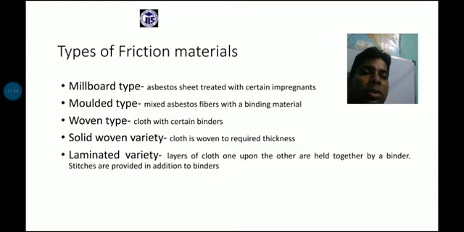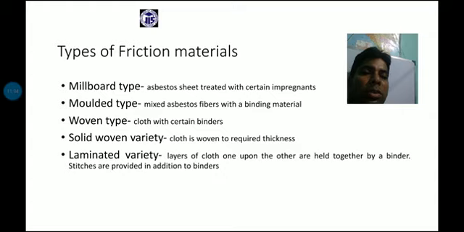So first, the given data: total torque transmitted maximum 150 Newton meter. That means MT is equal to 150 Newton meter. Next, maximum permissible contact pressure, that means the intensity of pressure, small pa is equal to 600 kPa.